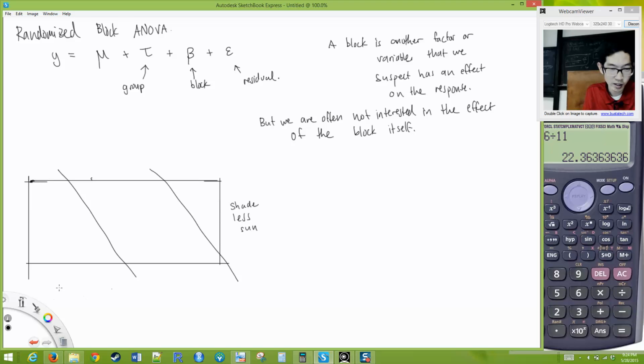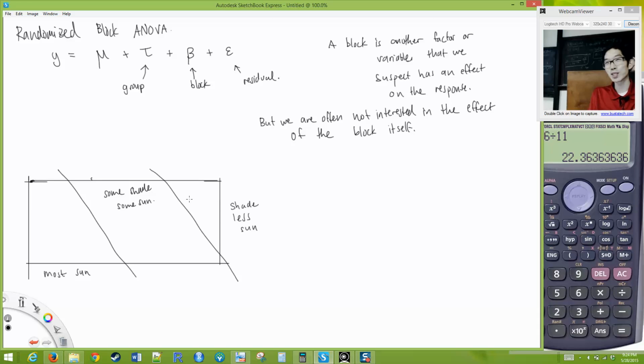Ideally, when you place a greenhouse, you want everything to get lots of sun, but maybe somebody decided to build a skyscraper next to your greenhouse, so it blocks out the light.